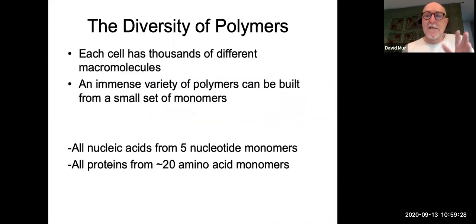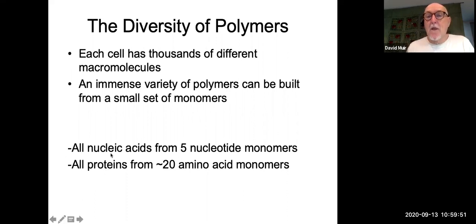There's a huge diversity of macromolecules inside any cell. And as I re-emphasize, an incredibly diverse range of polymers can be built from very few monomers, because the monomers can be joined together in any order.